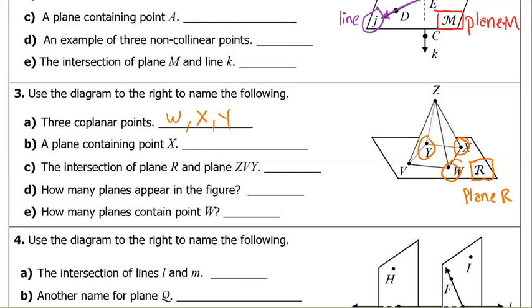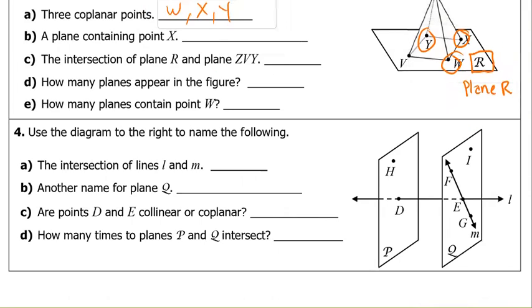Now, our last example here, hopefully you guys are understanding. Number 4. Use the diagram to the right to name the following: the intersection of lines L and M, another name for plane Q, are points D and E collinear or coplanar, and how many times do planes P and Q intersect?